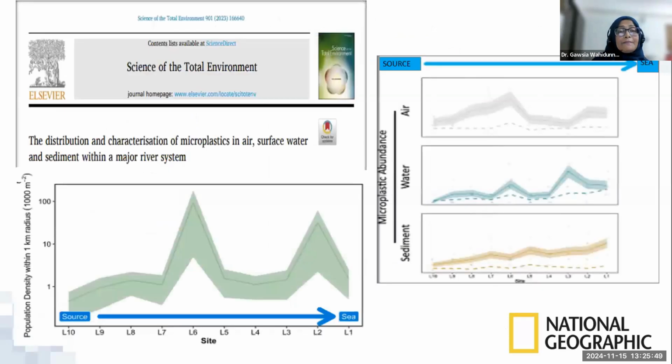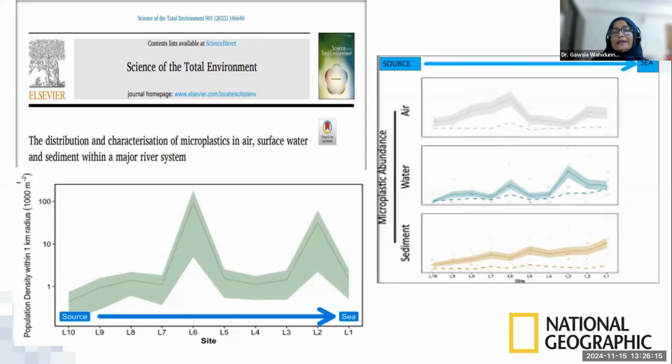It was an app developed by the University of Georgia team, and our team also assessed the distribution and characterization of macroplastics in air, surface water, and sediment within these major river systems. And you can see, from the source to the sea, the intensity is increasing with the population density.